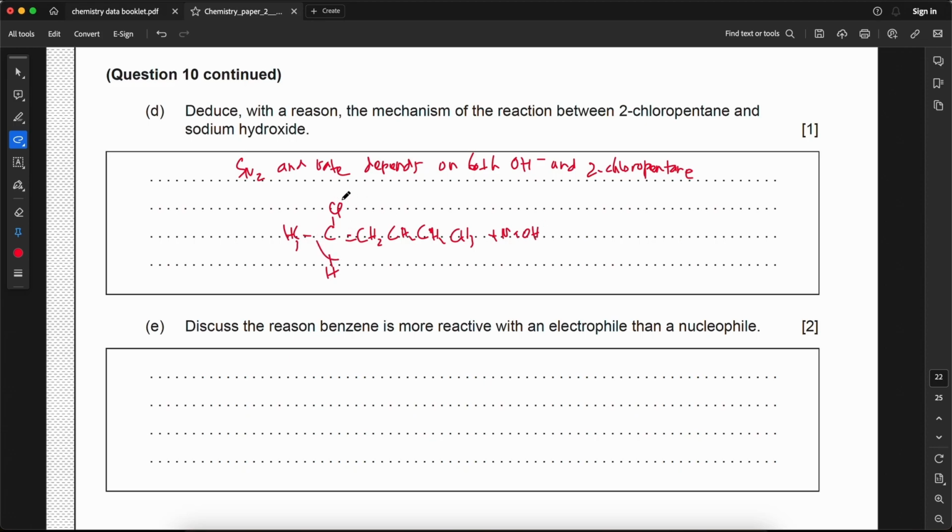Because it is a secondary halogenoalkane, it can undergo both SN1 or SN2.